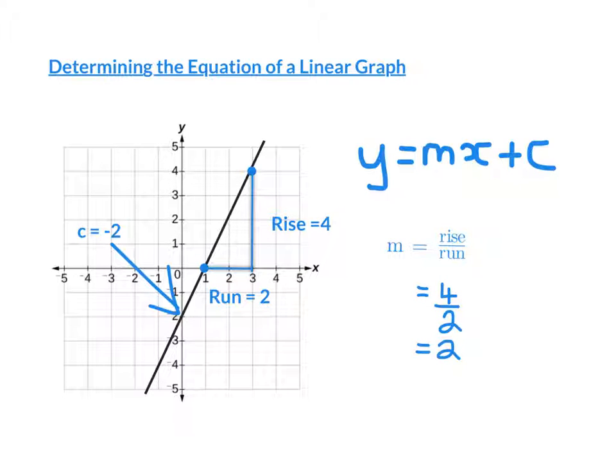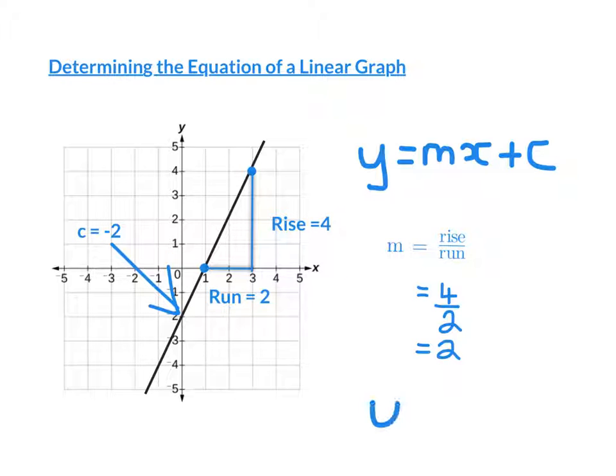Now if we know our gradient m is 2, and we know our y-intercept c is -2, we can take our general equation for our linear graph, which is y equals mx plus c, and substitute in those values of m and c to give the equation of this line.